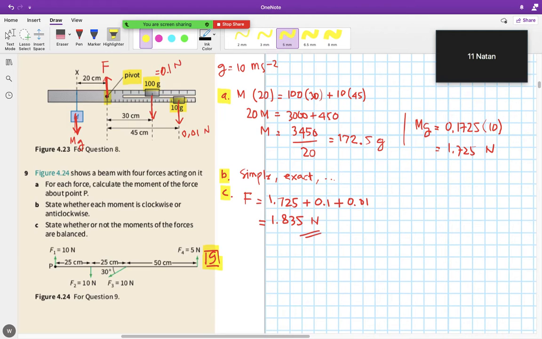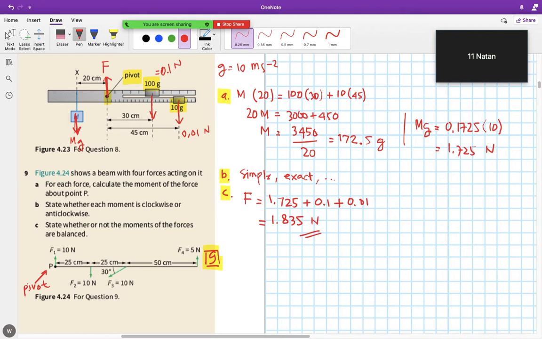Figure 4.24 shows a beam with forces acting on it. For each force, calculate the moment of the force about P. P is here, this is the pivot. Then we have force 1, force 2, and force 3.